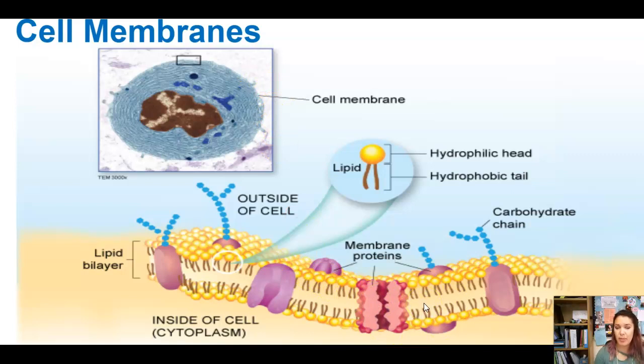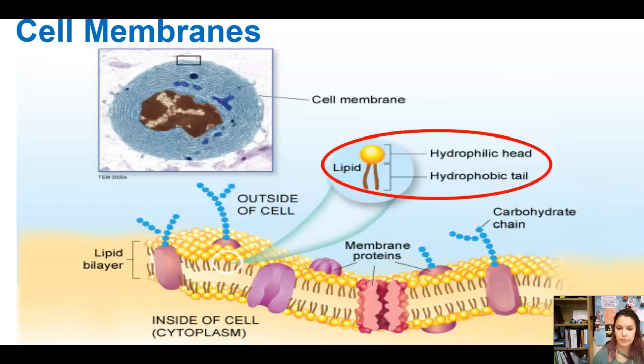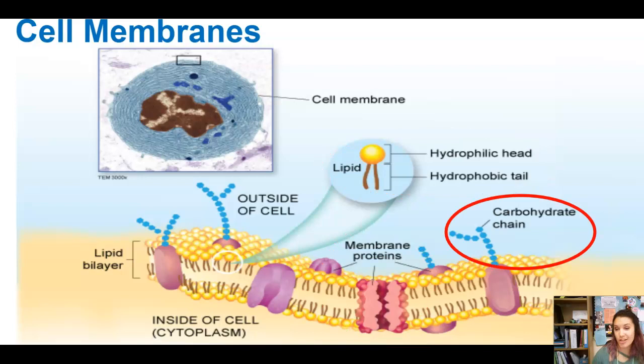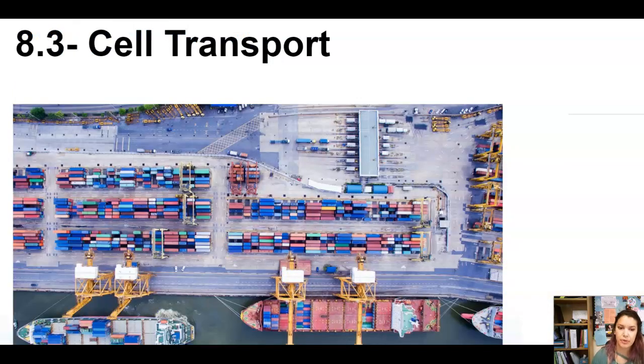It is very pliable and very movable, so that those cells can be compact and fit into the shapes of organs and things like that. This would be the inside of the cell where the cytoplasm is, and that's the outside. A lot of times there are carbohydrate chains directly embedded, as well as those membrane proteins.